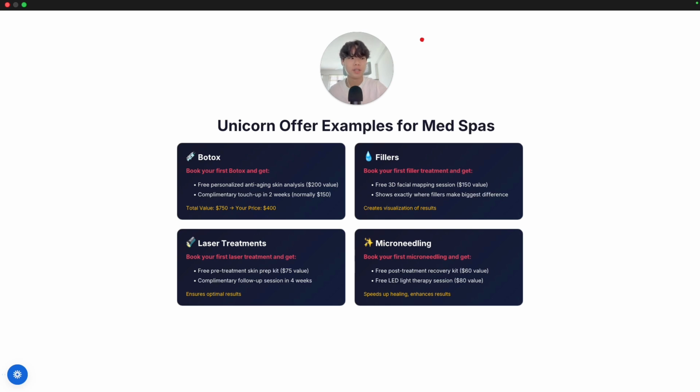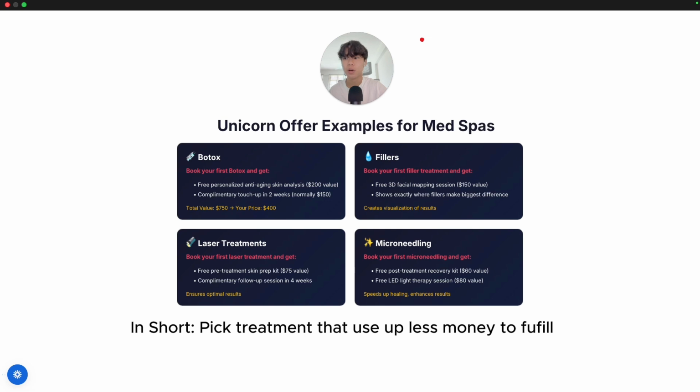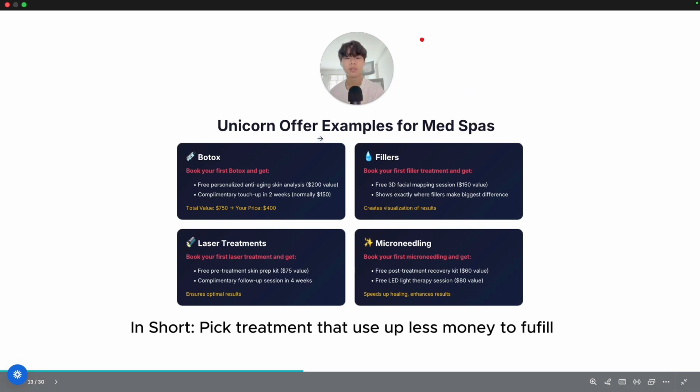Let's say your service cost is $200 and your actual price on the website is $300, and you lower it to $250. It'll just eat into your ROAS and eat into your ROI, right? So just pick something that has a low cost when you deliver it. Okay, cool. So that will be the entire thing for the unicorn offer examples. Let's get on to the next one.